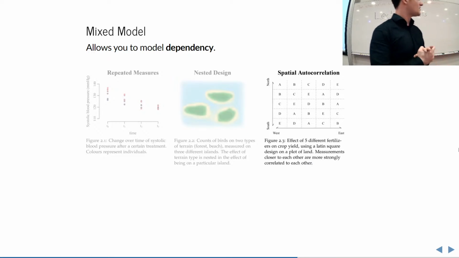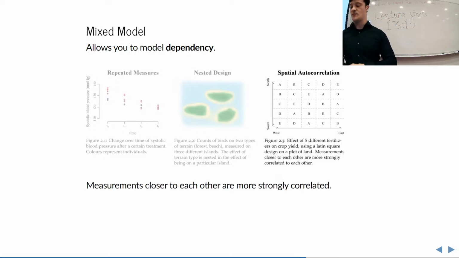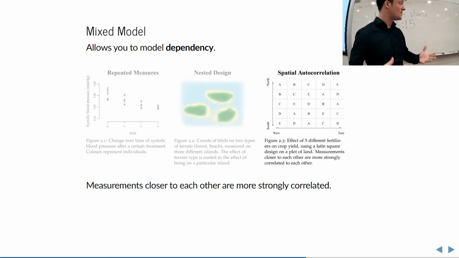So that's great. But still, let's say there's a river going over here. Then all the measurements that are near this river will probably have a different value than the measurements that are further away from the river. So in spatial autocorrelation, measurements that are physically closer to each other will be more strongly correlated. The reason I say we're not going to do this, you can of course come to us if you need this for your internship, is that you have to specify a covariance structure.